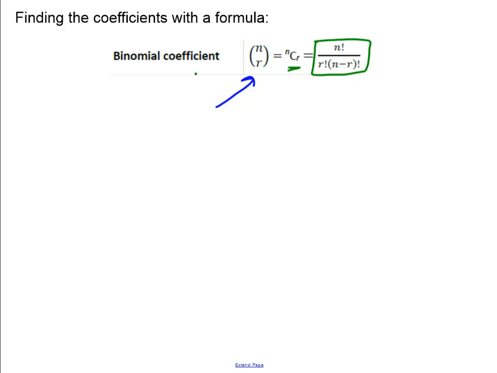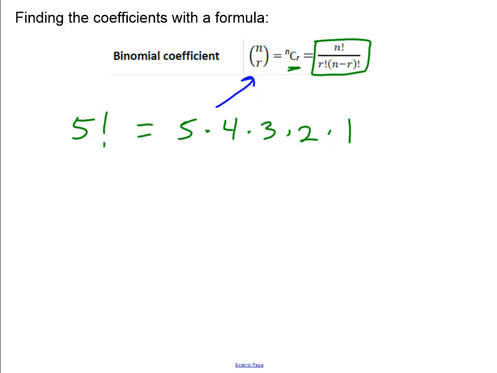Just to remember, factorial is only defined for positive numbers, and when we had, say, 5 factorial, that would equal 5 times 4 times 3 times 2 times 1. So we want to make sure that we're comfortable working with our factorials in order to solve these problems.